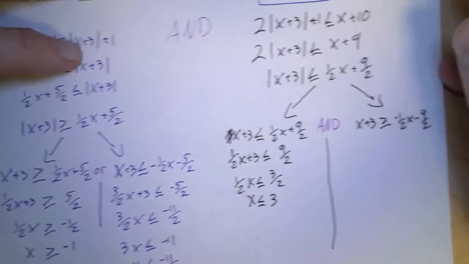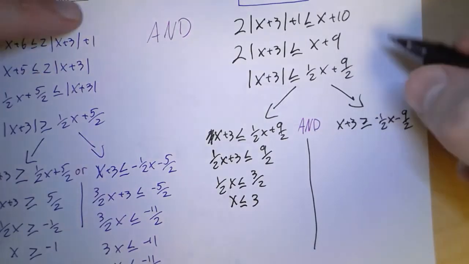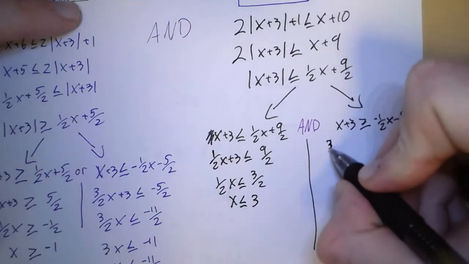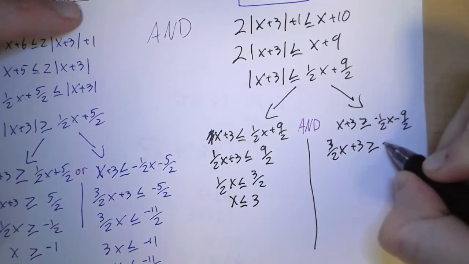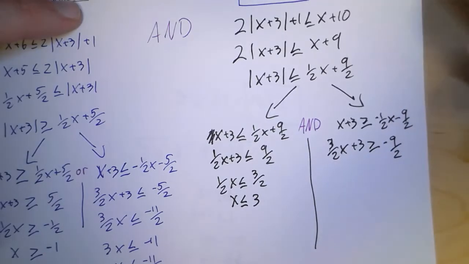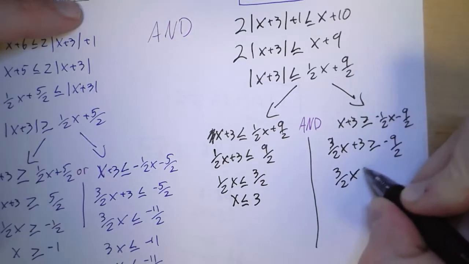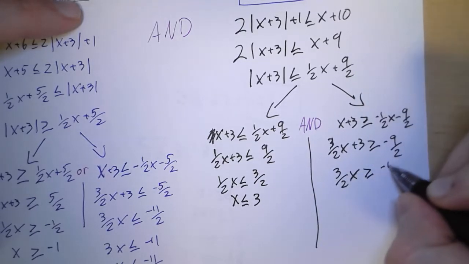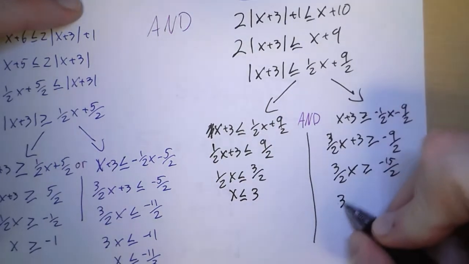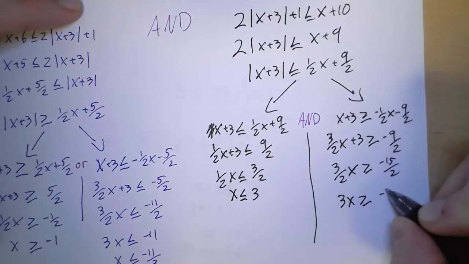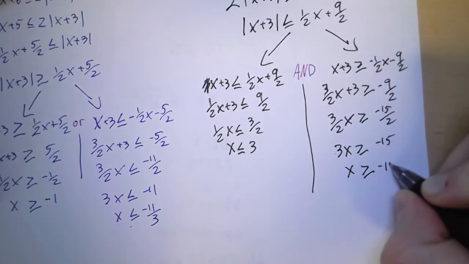Then over here on the other side, we add 1/2 x over, so that's 3/2 x plus 3 is greater than or equal to negative 9/2. We subtract the 3, so we have 3/2 x is greater than or equal to negative 15/2. We multiply both sides by 2, so 3x is greater than or equal to negative 15. And then we divide by 3, x is greater than or equal to negative 5.